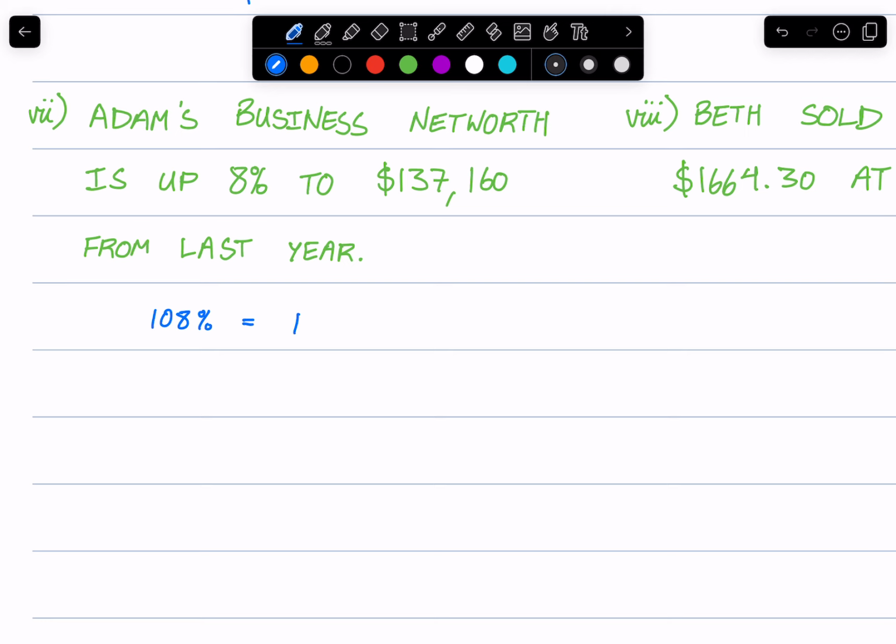So this is equal to the amount that we are given. Once again, we can find 1% and then find the 100. So that means we divide by 108 and then times by the 100.